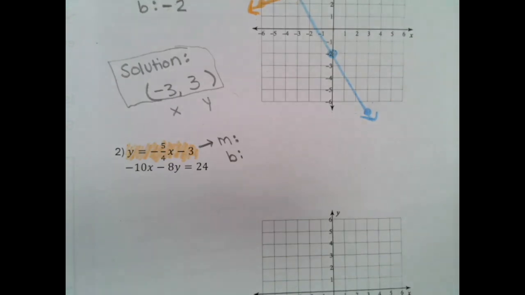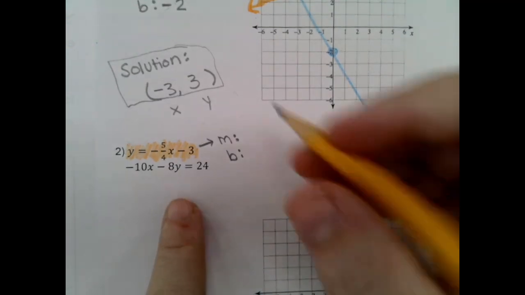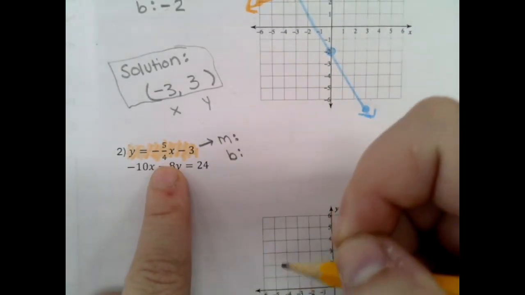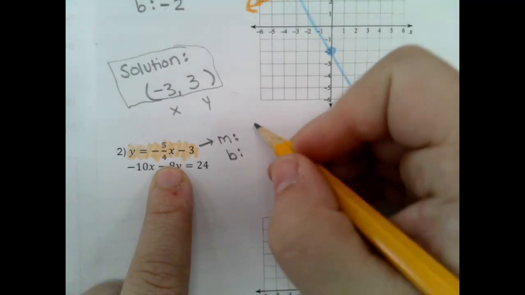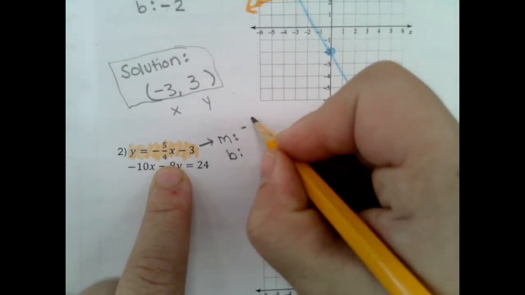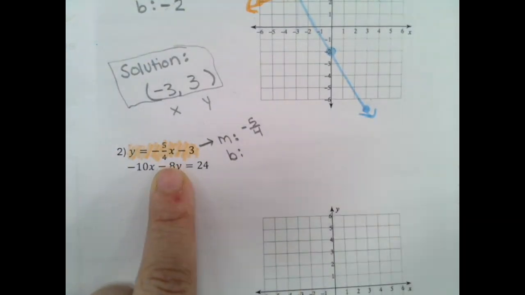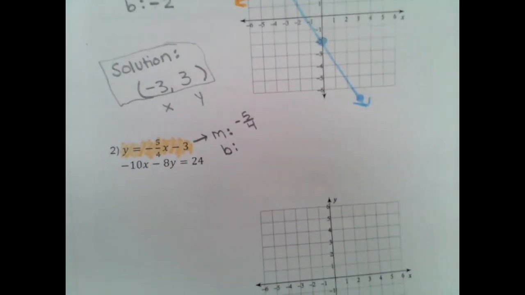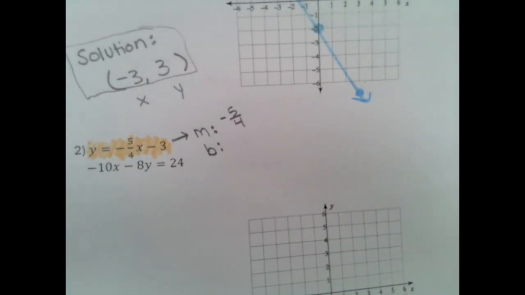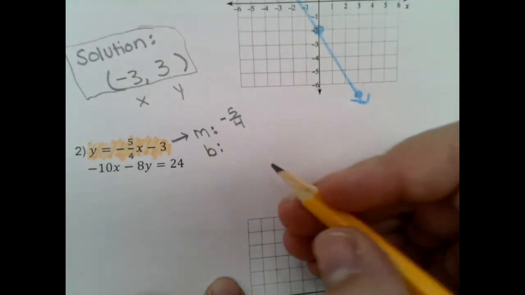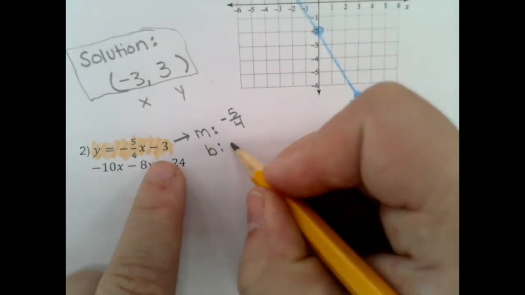We'll identify what is my m, what is my b. So what is m? -5/4. Hopefully you're feeling like you kind of got this. A little bit of review. And what is our b? What are we adding on or subtracting? 3.